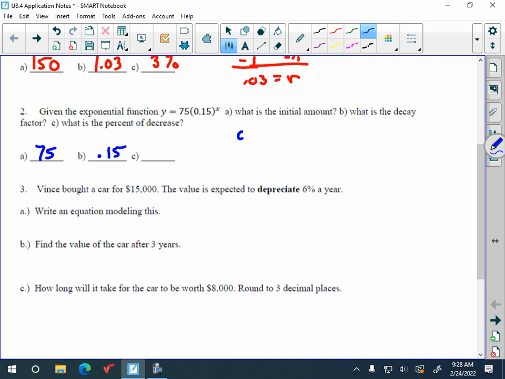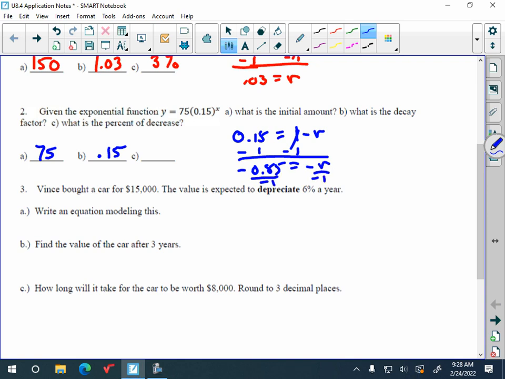All right, so we set 0.15 equal to 1 minus r, because this is a decay, decreasing. So then when we subtract 1 over, we get negative 0.85 equals negative r, and divide by negative 1.